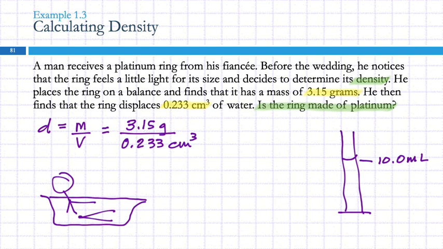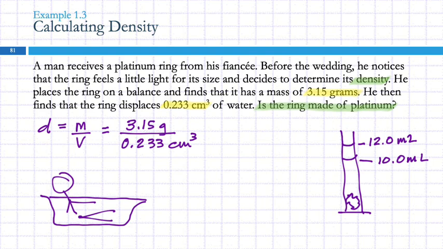And then we put a rock in it, and what happens to the water level? It goes up. Just to make the math easy, now it's 12.0 milliliters. The change in this is equal to the volume of the rock. The volume of the rock is displaced. Okay, so that's what they're talking about.